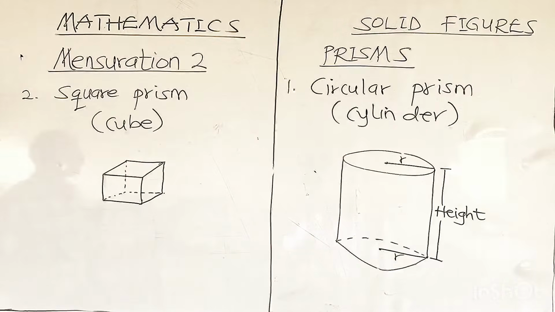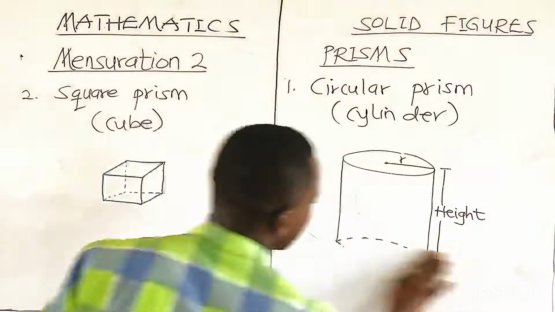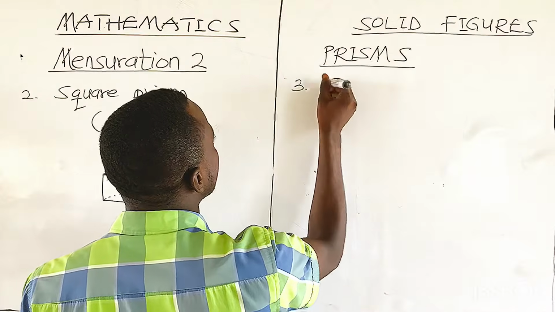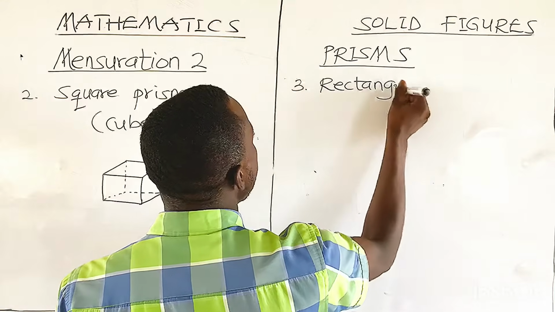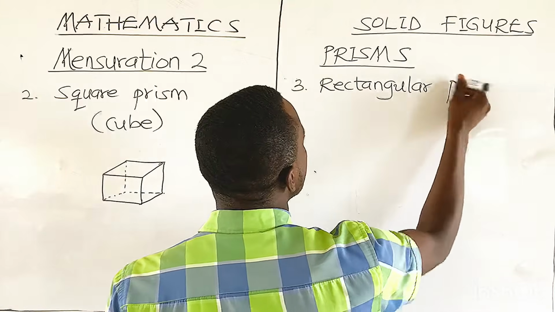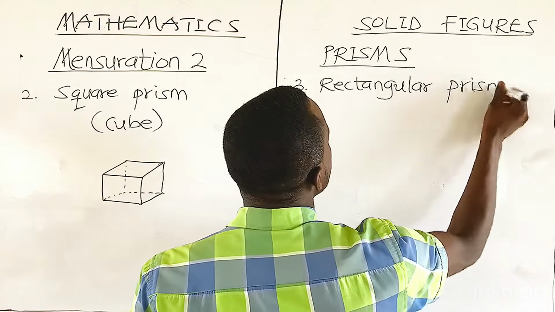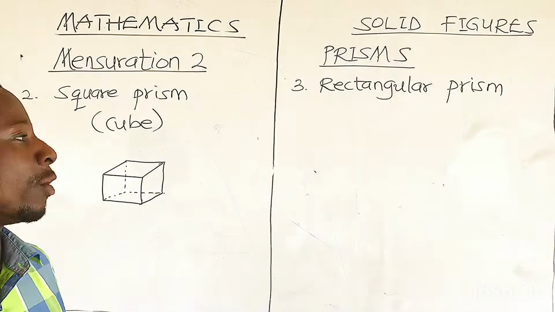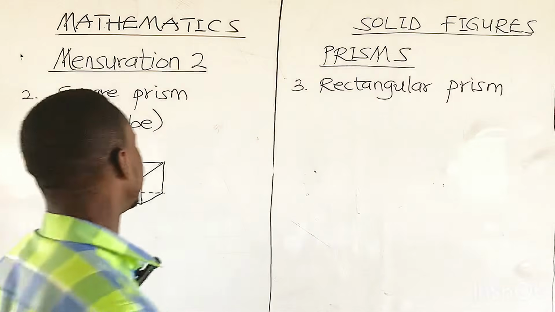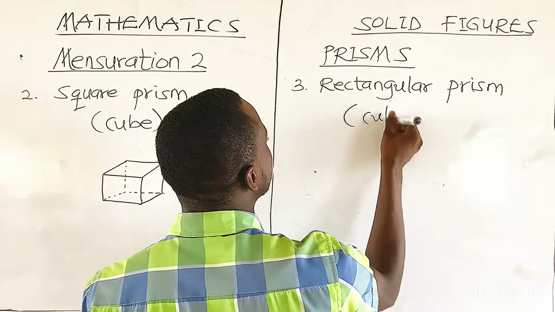The third prism is the rectangular prism. With the rectangular prism, basically we also call it the cuboid.